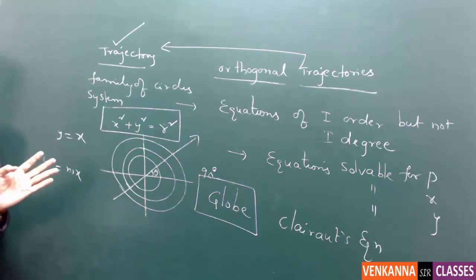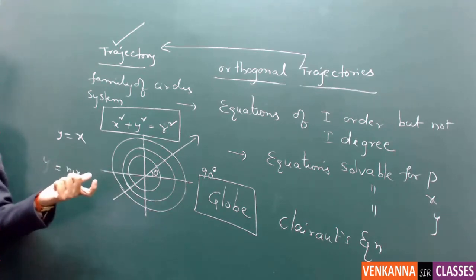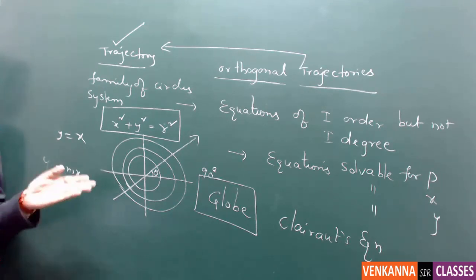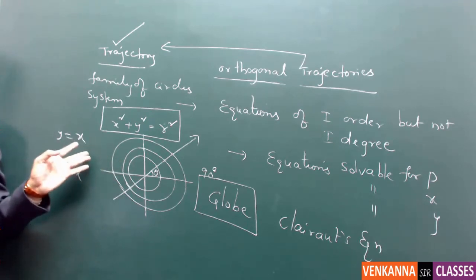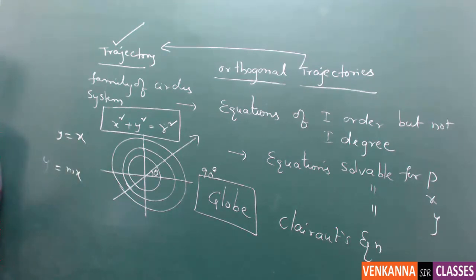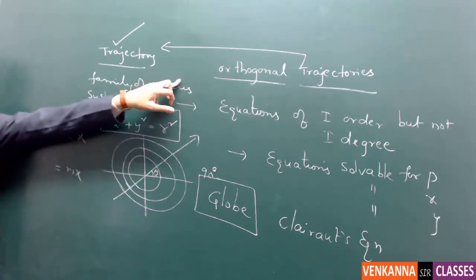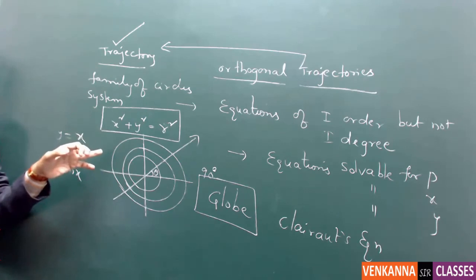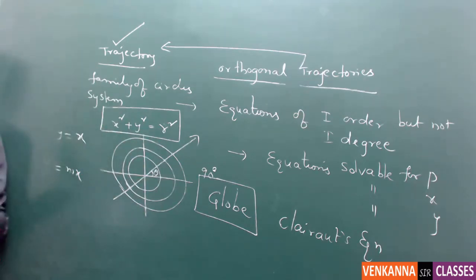That is one simple example you can say. Another example you can quote is, if you take electric field and a magnetic field inserted, there you can have the orthogonal trajectories. However, if you have studied that type of concept earlier, you have a good idea how to form an electric field and a magnetic field. So those waves are mutually perpendicular. So orthogonal trajectory is nothing but a curve which intersects the given family of curves at right angles.